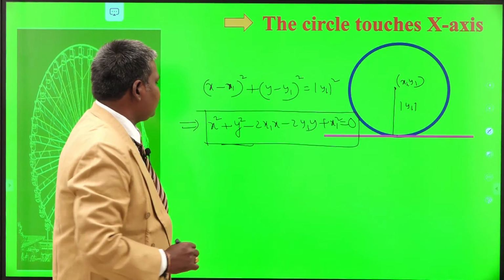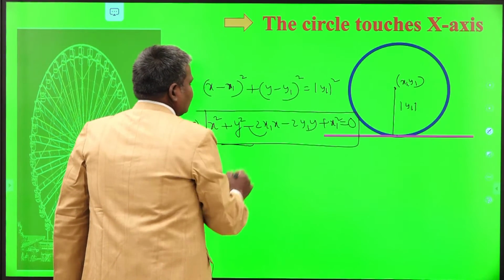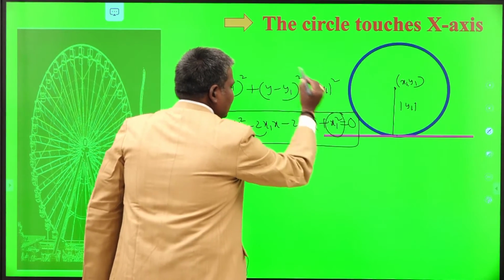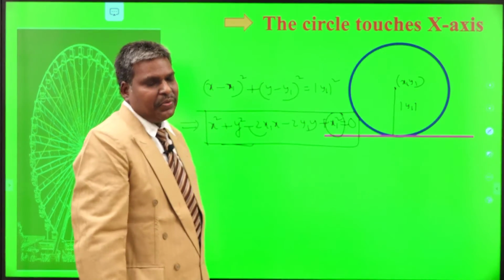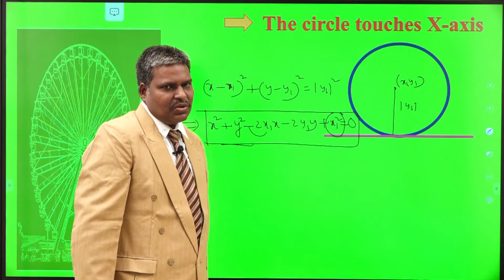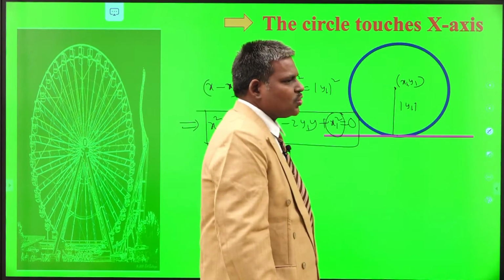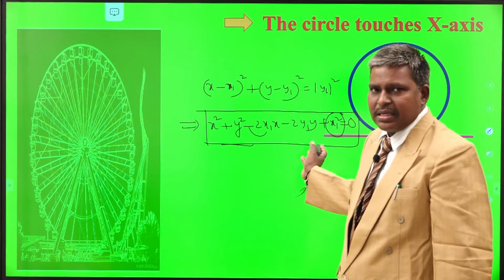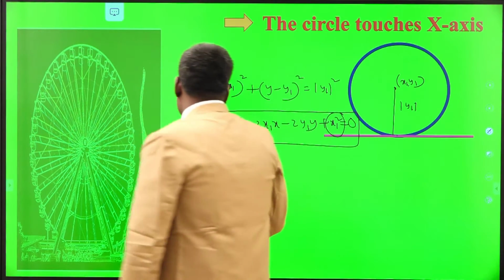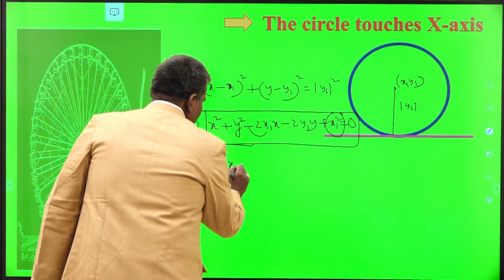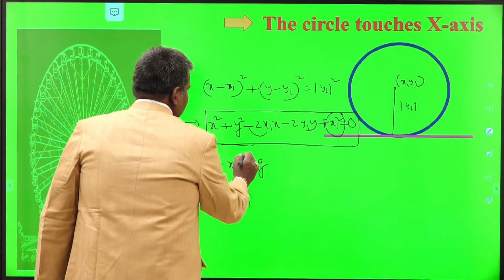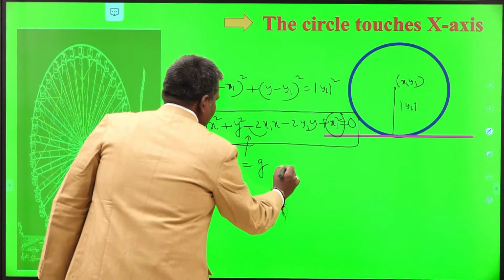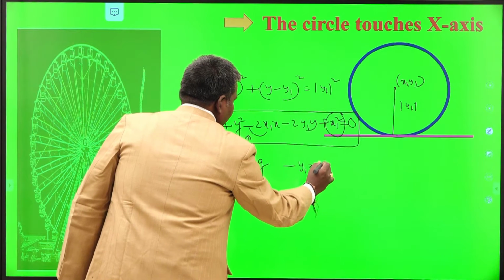Observe this equation. Minus x1 whole square is nothing but x1 square. Already we discussed some circle S is equal to 0 touches x-axis, we mean g square is equal to c. Is it obtained or not? Yes. So your minus x1 is g. Substitute the value here itself. What is your minus y1? f.